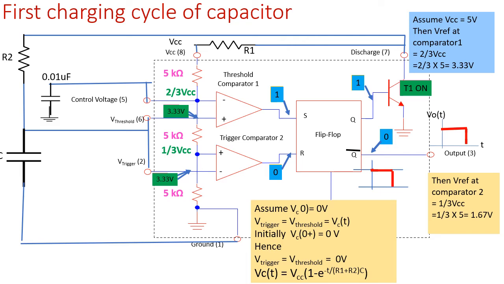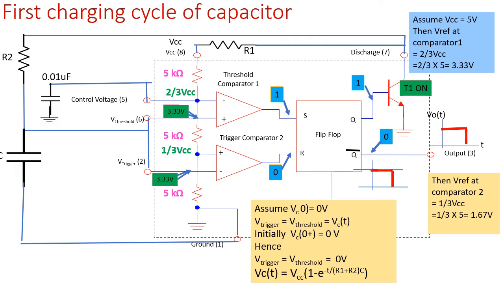If we apply the SR combination 01, it will reset the flip-flop. Reset means Q will be 0 and Q bar will be 1. As we are using the complement of Q as the output, at the output we will get high, and as Q is logic 0, the transistor will be off, because at the input we are applying 0 volt.